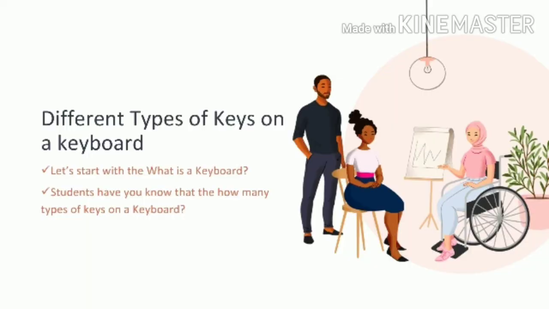So there are different types of keys on a keyboard to perform different tasks. In the previous class, you learned about the alphabet keys, number keys and arrow keys. Now let us know about more keys. So students, let's start with the more keys.